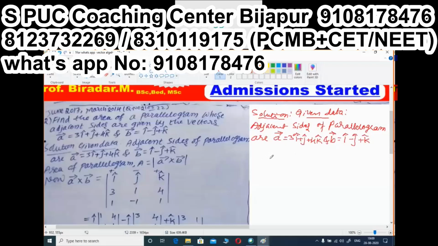As you solved in the previous class, the area of the parallelogram is found using this formula.